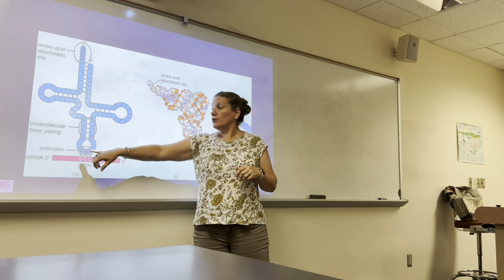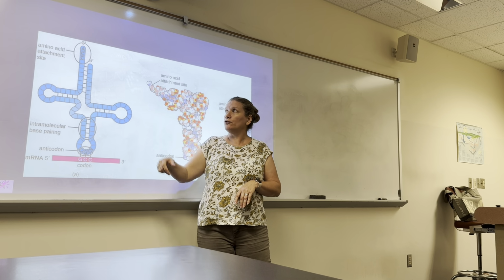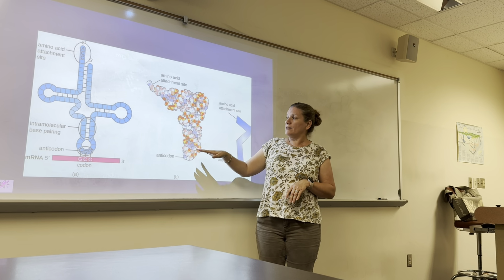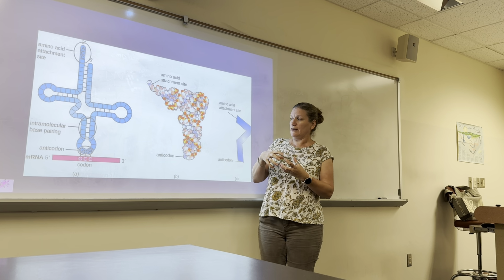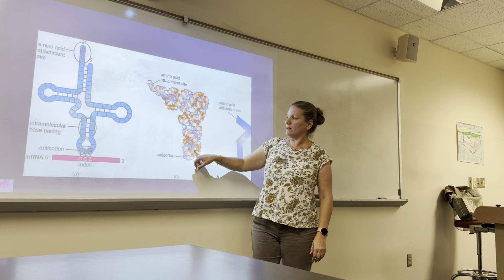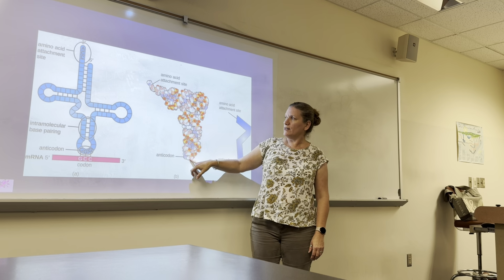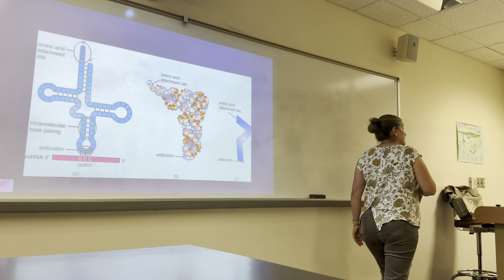The transfer RNA does have a 3D structure. When flattened out, it has a clover leaf appearance with three hairpin loops. But visually, in the more laid out 3D format that we see in the cell, it looks like this, where the anticodon is on one end and the amino acid binding site is on the other.